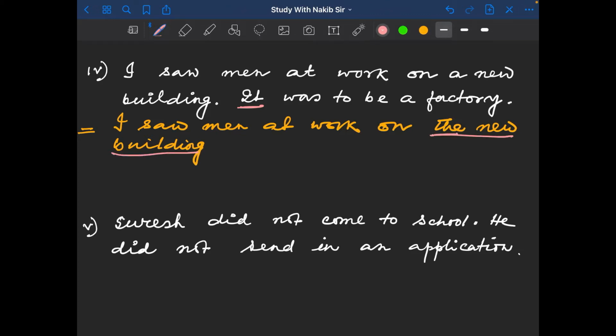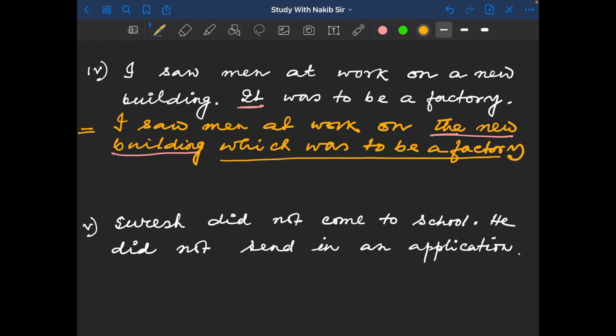You know, the building which was to be a factory. Which was to be a factory, this one is an adjective clause, and this new building is the antecedent. So it is a subordinate adjective clause here, and the sentence is a complex sentence.